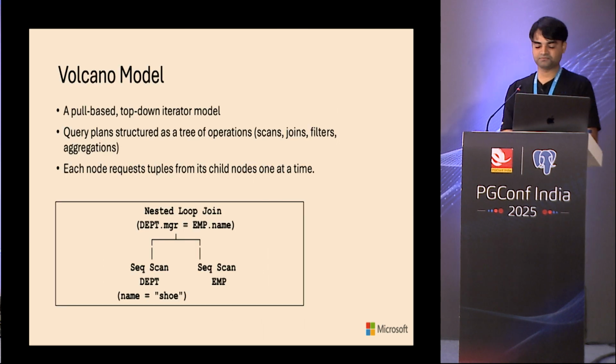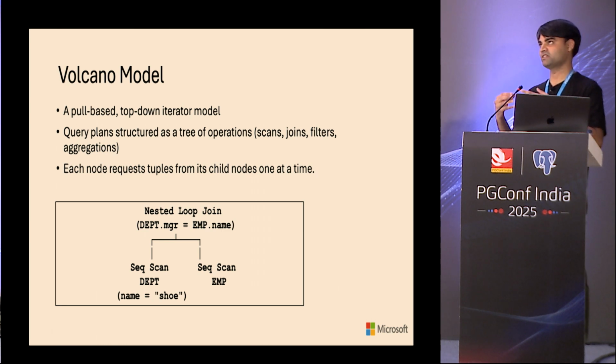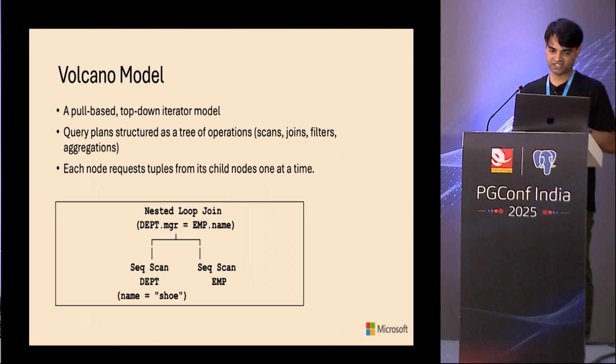So I'd like to describe how Postgres execution works, and it uses something called the volcano model. It's pull-based, top-down. The executor is given a program. I'm calling the plan a program, and that program is a tree of plan nodes.